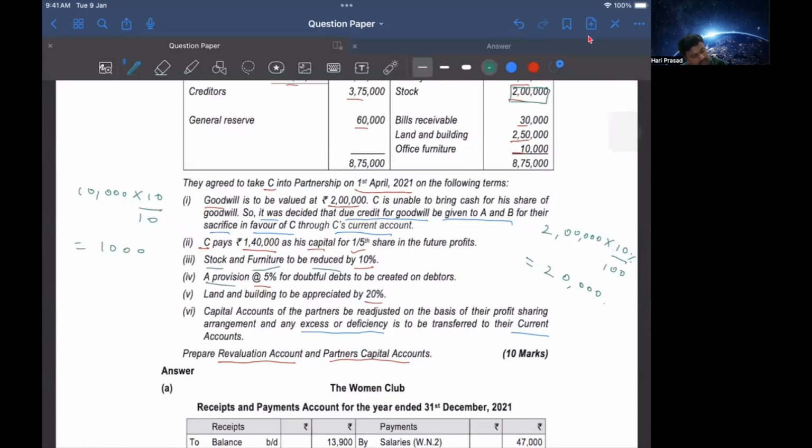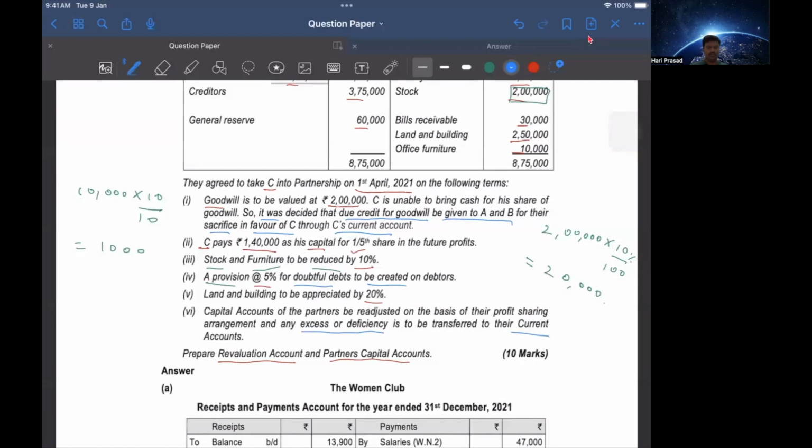A provision at 5% for doubtful debts is to be created. Now, we are creating a provision. We are not changing the existing assets or liabilities, but we are creating a new liability in the name of provision for doubtful debts on debtors. Creating a liability is a loss, right?